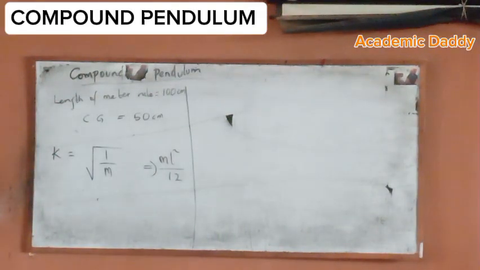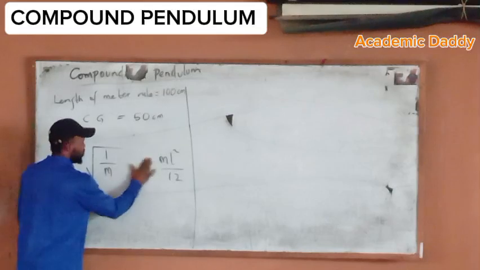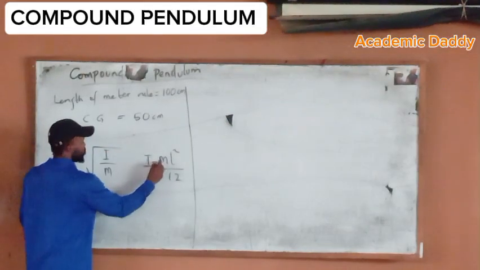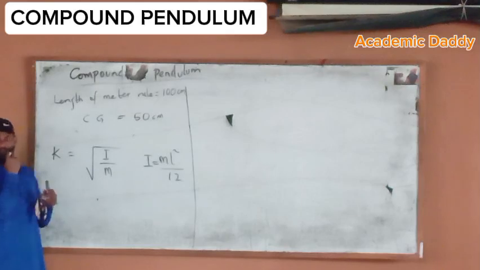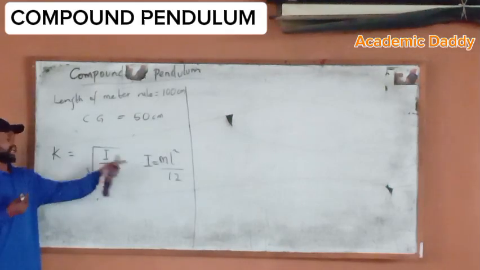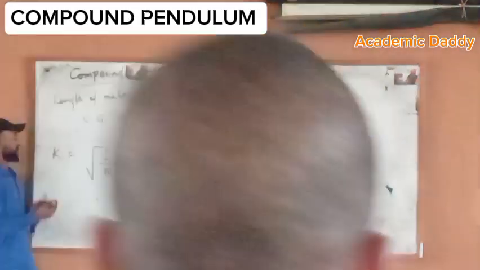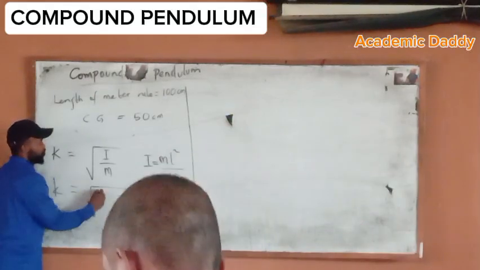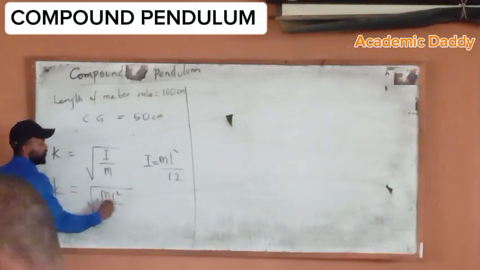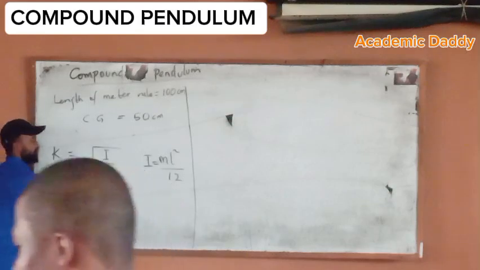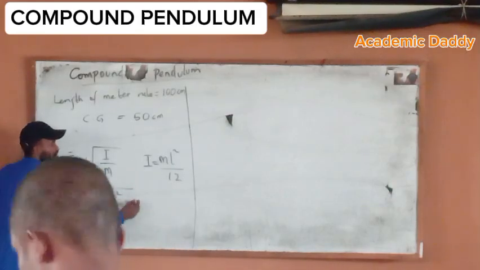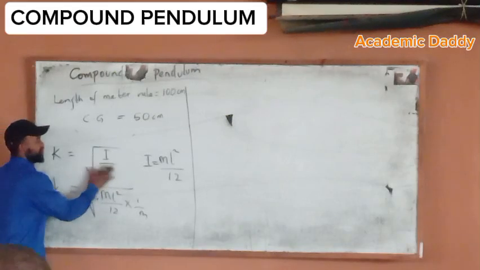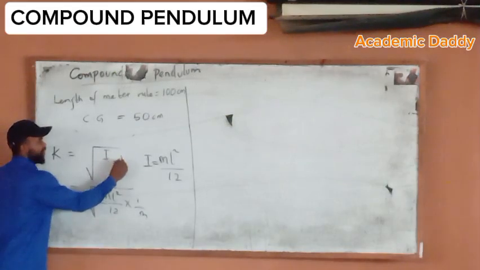So, if I say the moment of inertia I is equal to ml squared over 12, if I carry this moment of inertia, what I say is K equals root of ml squared over 12 times 1 over m, because this is moment of inertia times 1 over m.